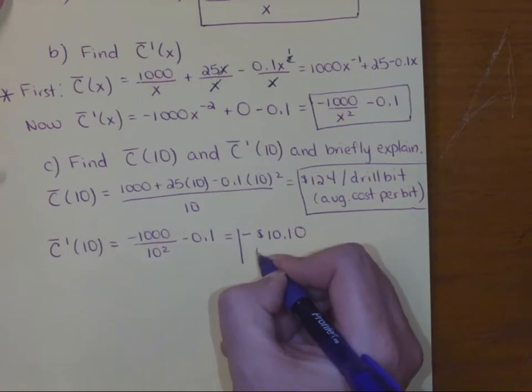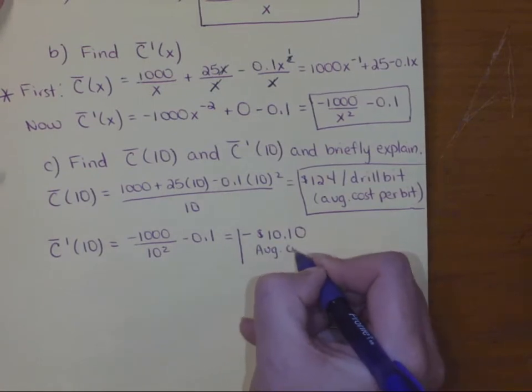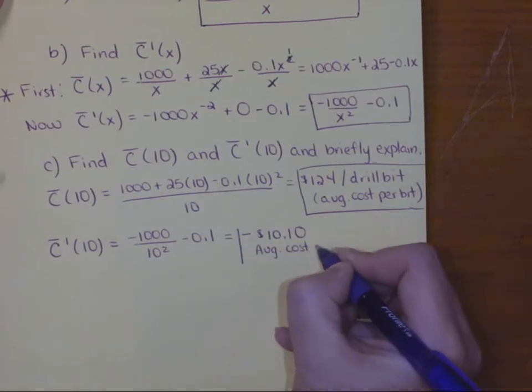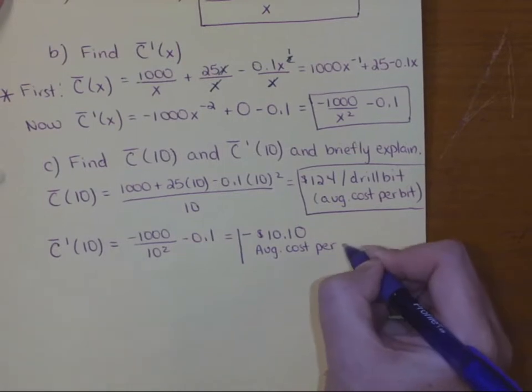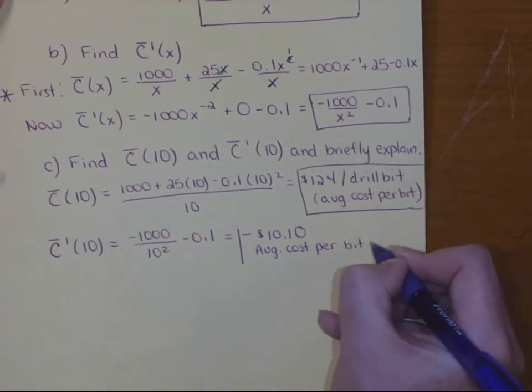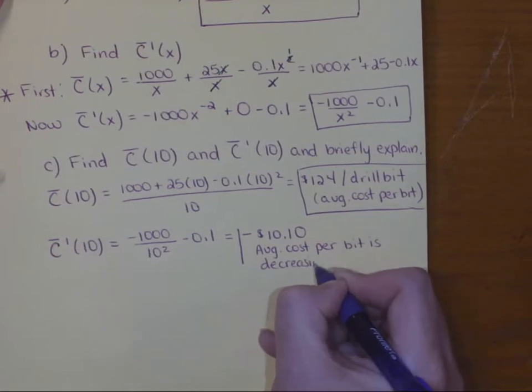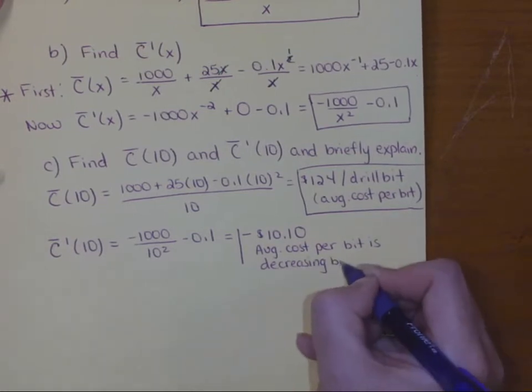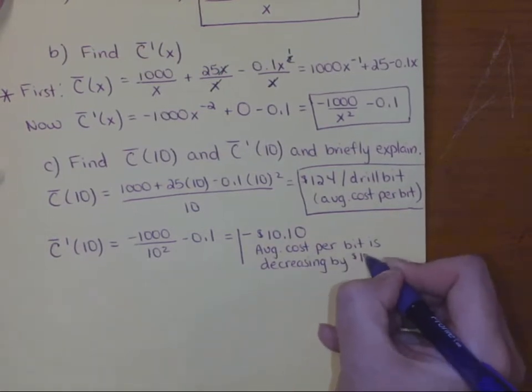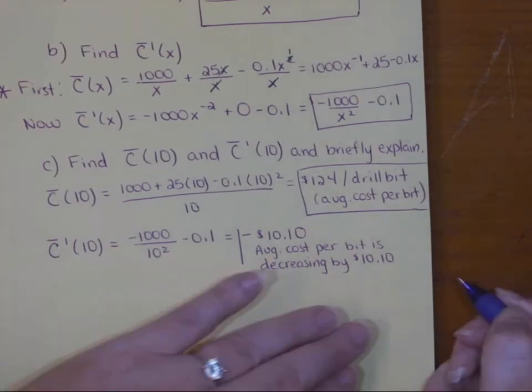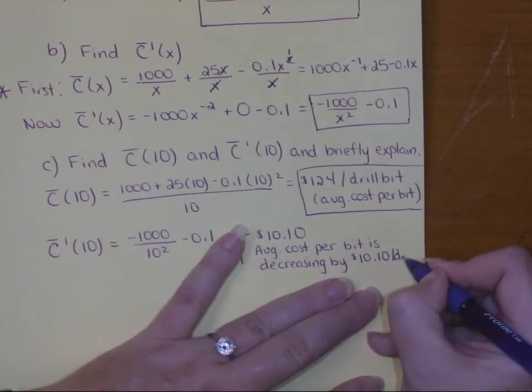That just means that the average cost, remember this is a rate of change since it's a derivative, the average cost per bit is decreasing. So it doesn't mean that we're getting negative dollars. It means the cost is going down by $10.10 per drill bit at this level.